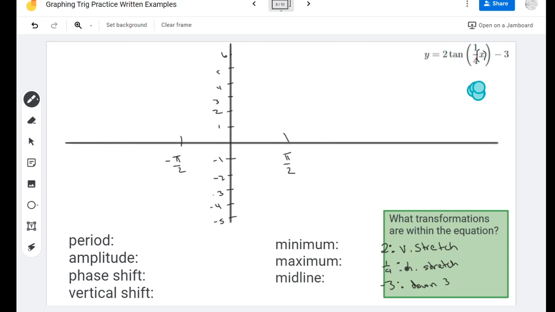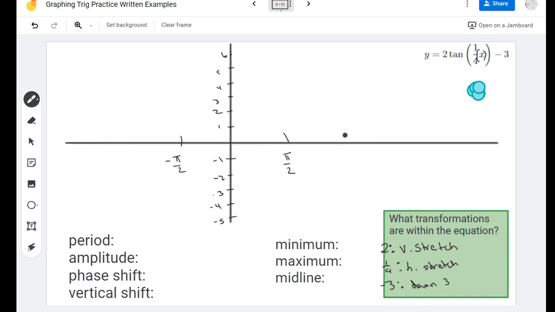In terms of the horizontal stretch, this 1/4 is saying that it takes 4 times as long to make this pattern, to make the little woo. Sounded like the DuckTales. Anyway, if I take from 0 to pi over 2 and multiply that by 4, I get 2 pi.